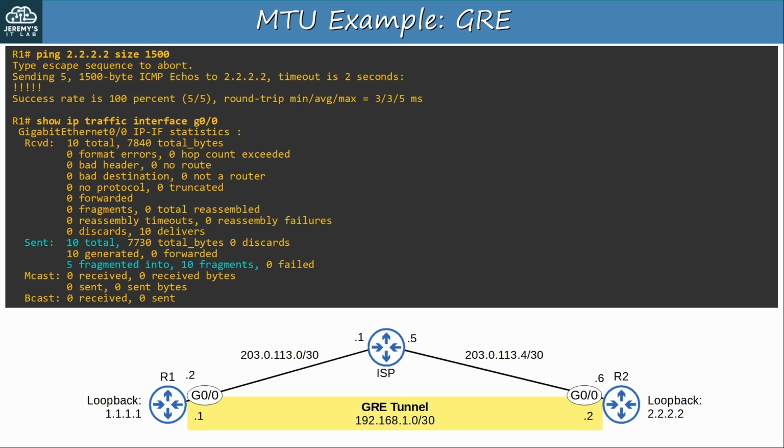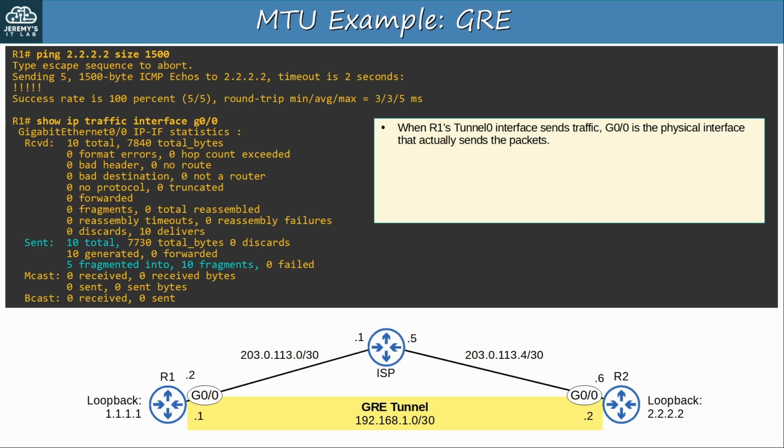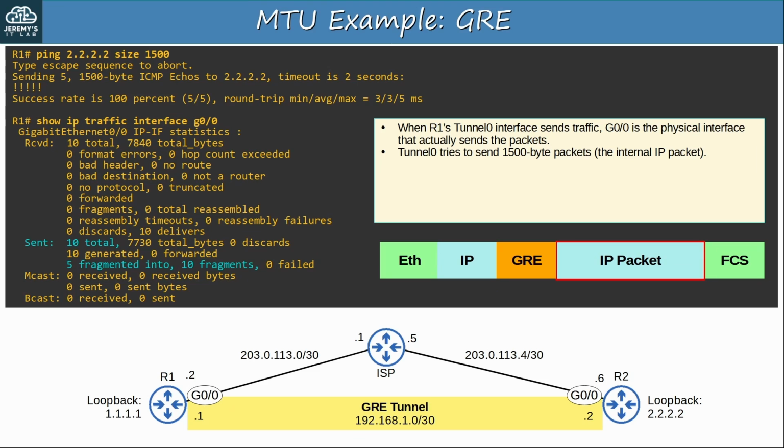Let me summarize. When R1's tunnel 0 interface sends traffic, G0/0 is the physical interface that actually sends the packets. Tunnel 0 tries to send 1500 byte packets, referring to the internal IP packet without the additional GRE and IP headers. When the new GRE plus IP headers are added, this results in 1524 bytes. 1524 surpasses G0/0's IP MTU of 1500.